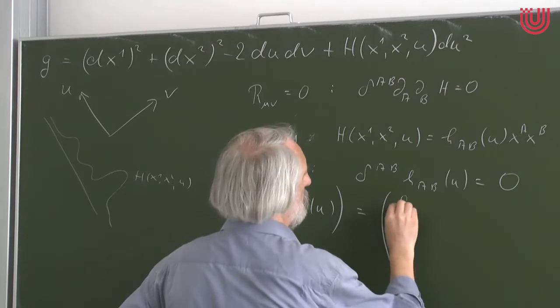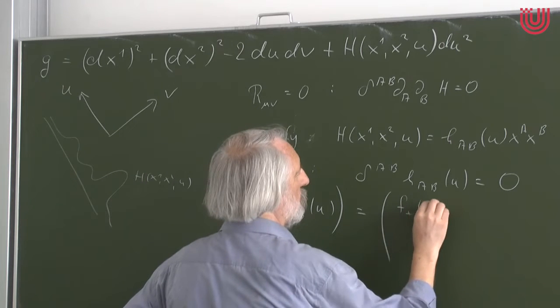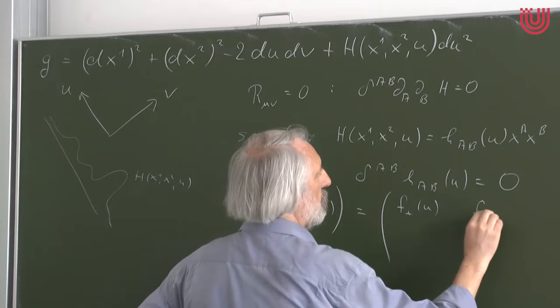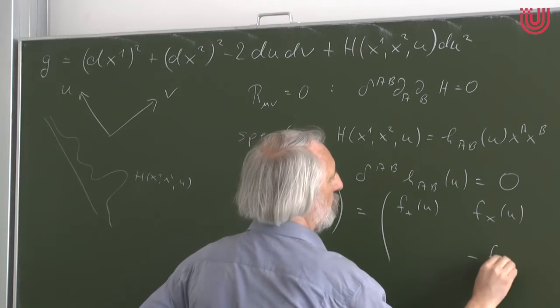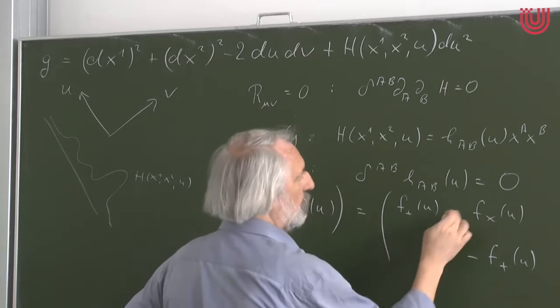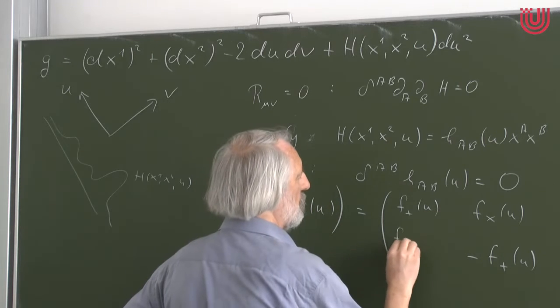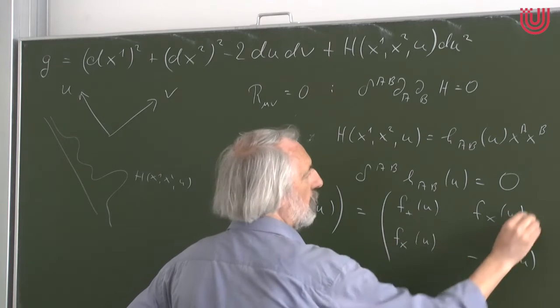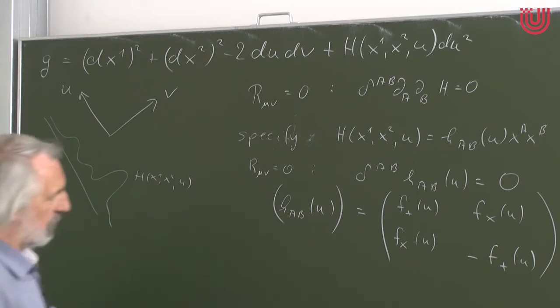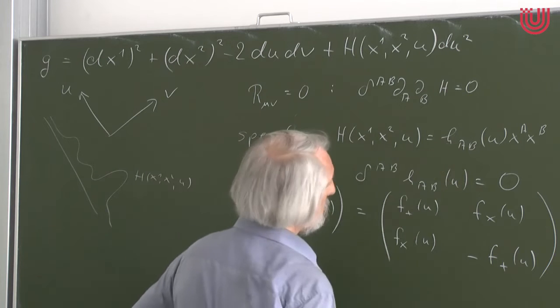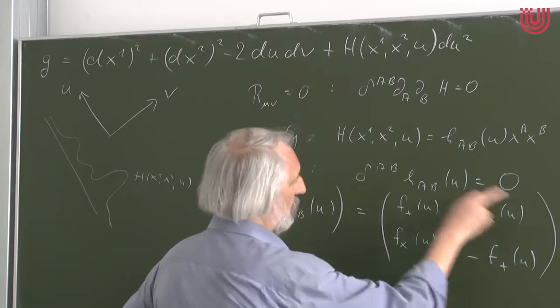Then let's call this coefficient f plus of u, and this here f cross of u. Then because the trace vanishes, I must have minus f plus here. And because the matrix is symmetric, I must have f cross of u here. And well, this reminds very much of what we have discussed in the linearized theory, right? So also here, with this particular ansatz, we have a trace-free matrix in the game.